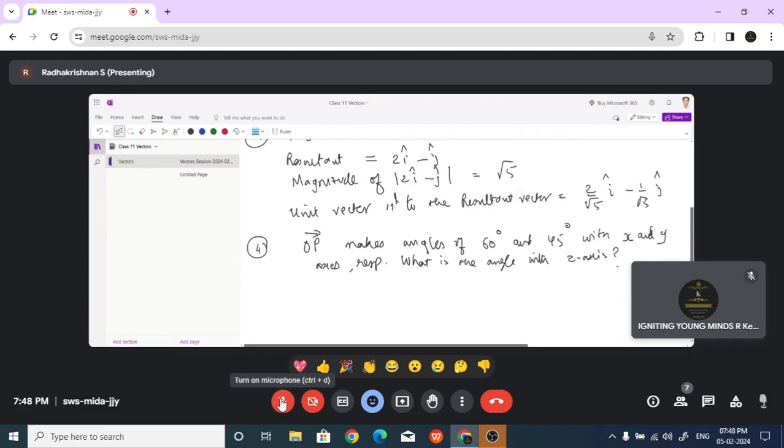Think about it. This is based on the principle of direction cosines.